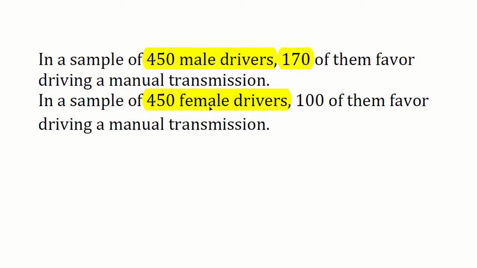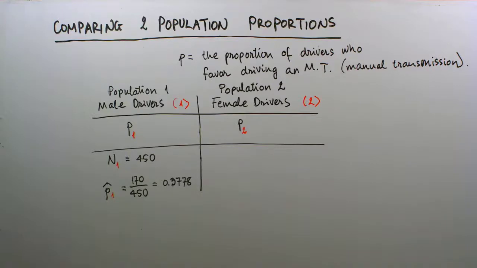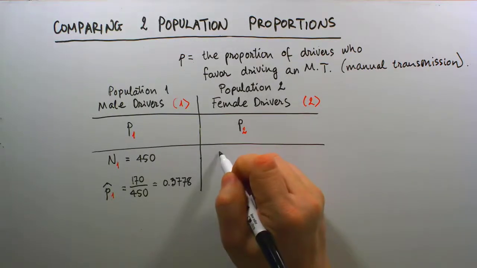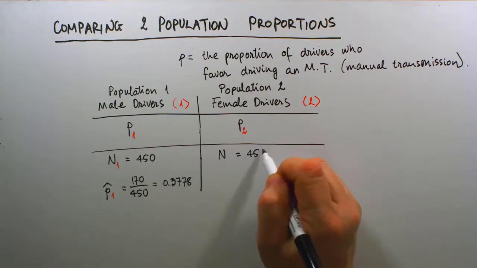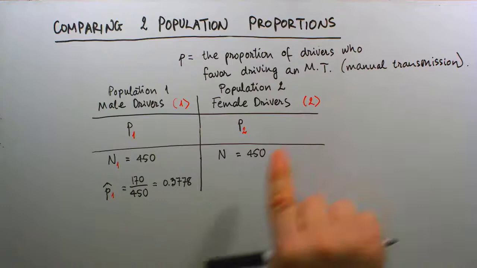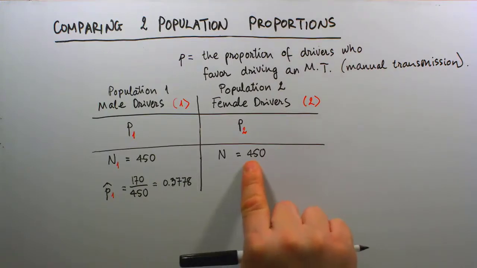Or in other words, this is a sample from population 2. And specifically, 450 here is how big that sample we selected from population 2 is. And so now, very similar arguments. Now I have a sample size for any sample selected from population 2, and that sample size equals 450.